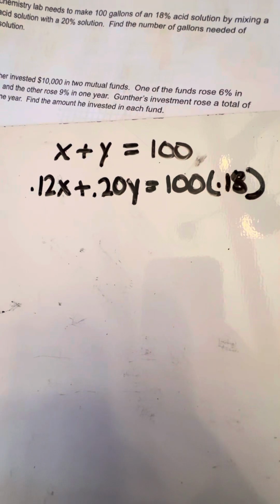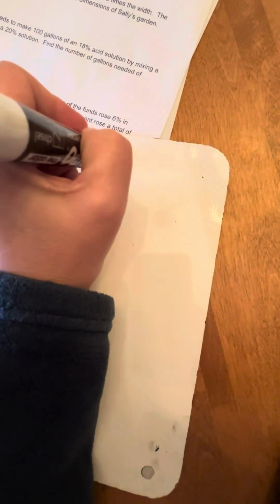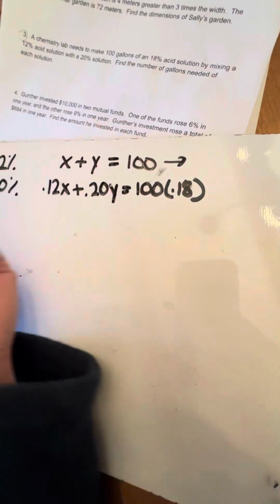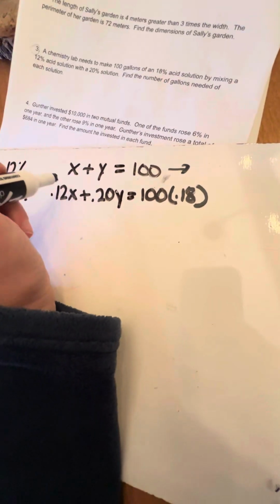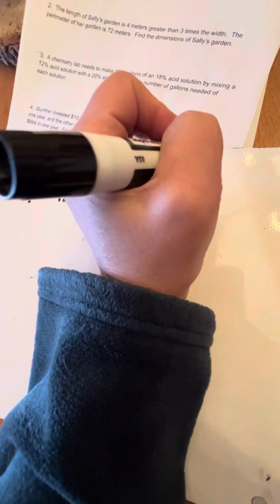I'm going to stick with the substitution method just because it makes more sense to me right now, because both my x and my y have 1 as their coefficients in front of their variables. So what I'm going to do is subtract the x on both sides and get y by itself. And that's going to be negative x plus the 100, which will equal y.